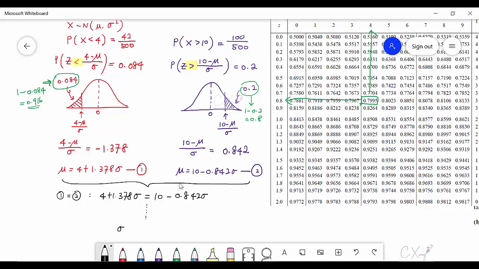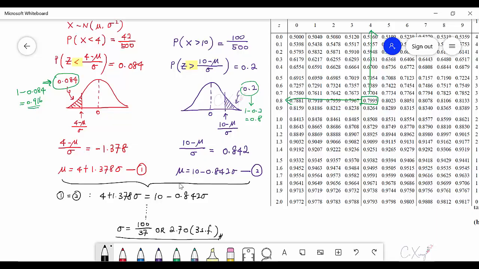So the sigma should be, sorry, should be 100 over 37 if I put it in the fraction form. Or you can rephrase it into 3 significant figures, which is 2.70. All right, so this is actually the answer for sigma.